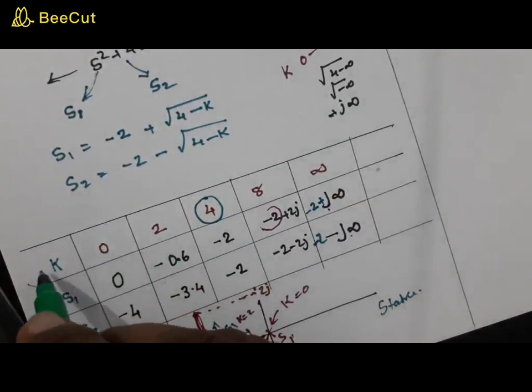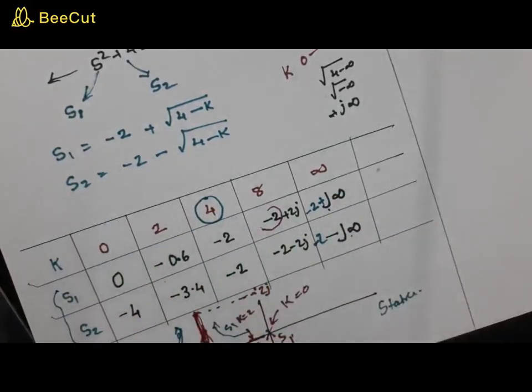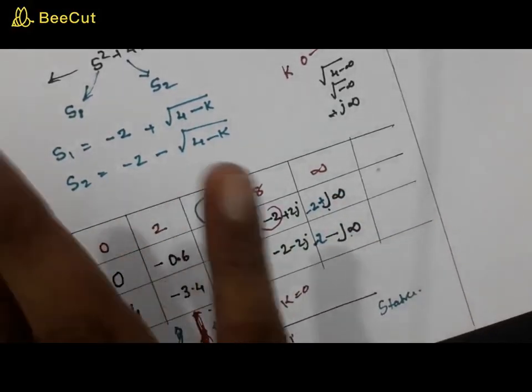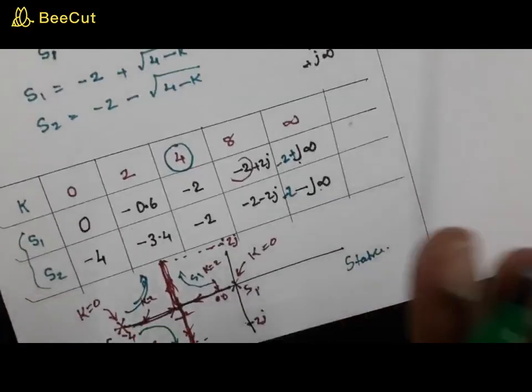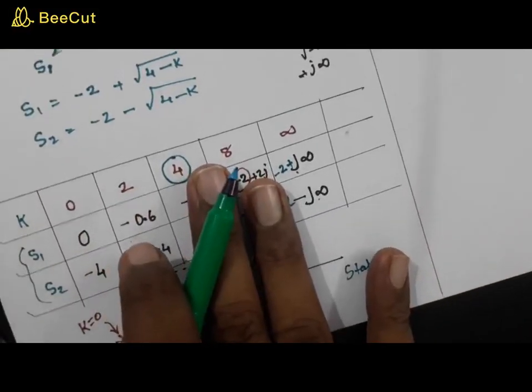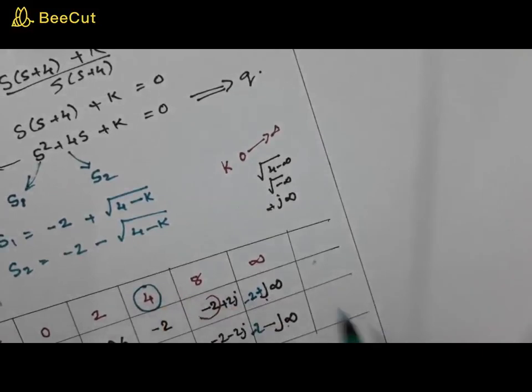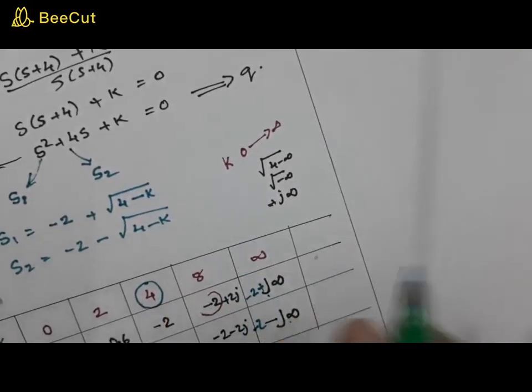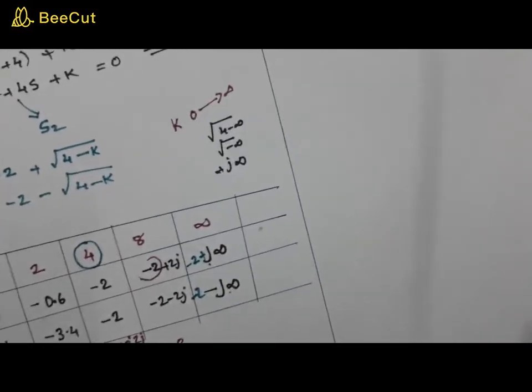Every time, for whatever values, both S1 and S2 lie on the left half of the S-plane, proving that this system is not going to be an unstable system for whatever values of k designed. Okay, hope things are clear.